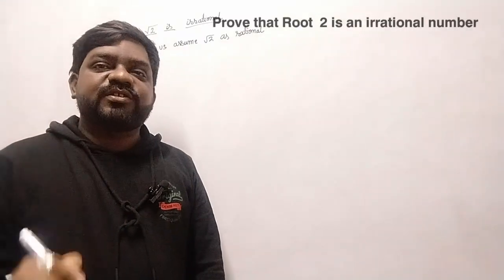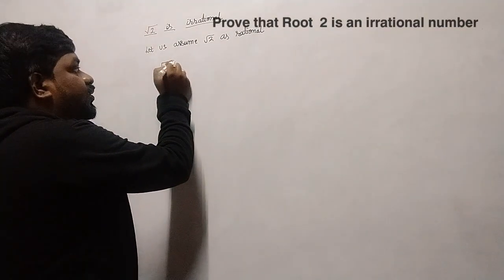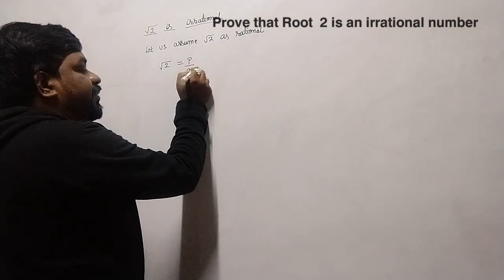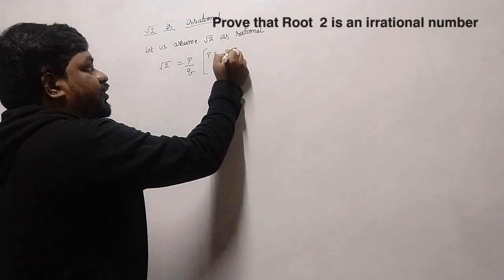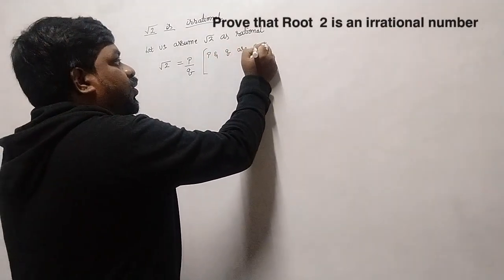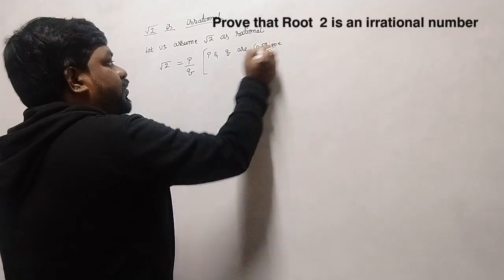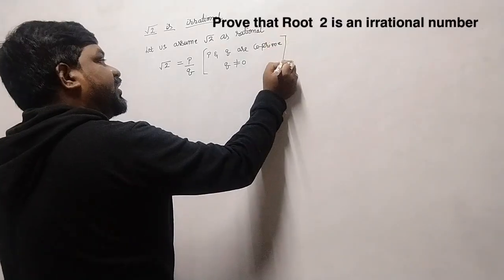Since we have assumed that, root 2 can be written in the form of p by q. Here p and q are co-prime and q should not be equal to 0.